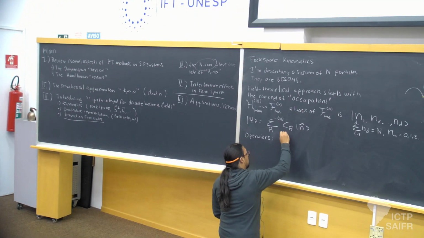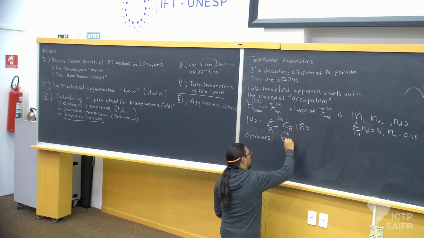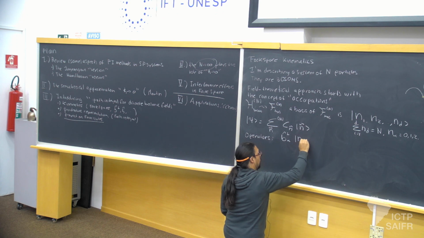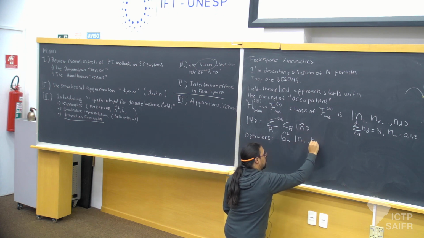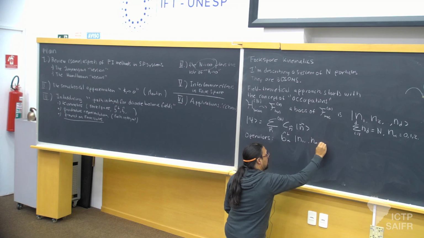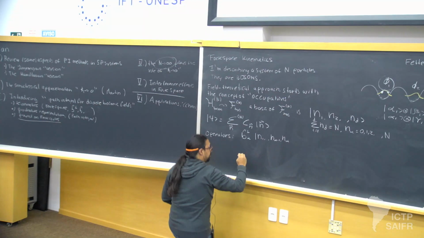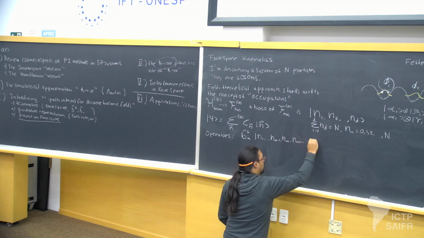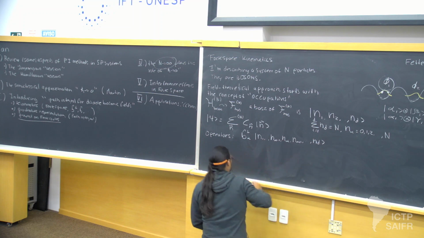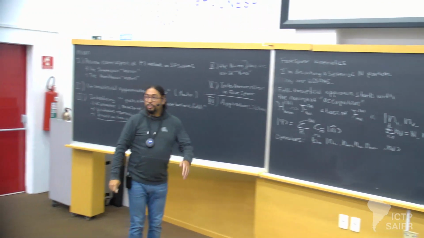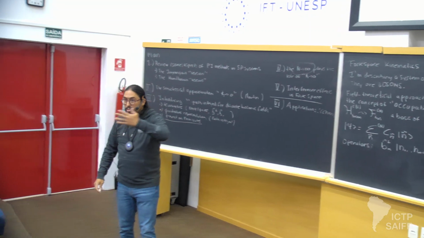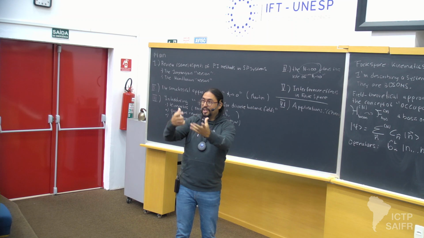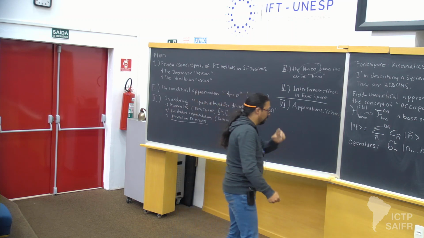So I will introduce this one that acts on a state, giving N alpha minus 1, N alpha plus 1. You know this from the harmonic oscillator, right? But look, I'm doing harmonic oscillators without harmonic oscillators. I'm just using the algebraic properties of the harmonic oscillator.